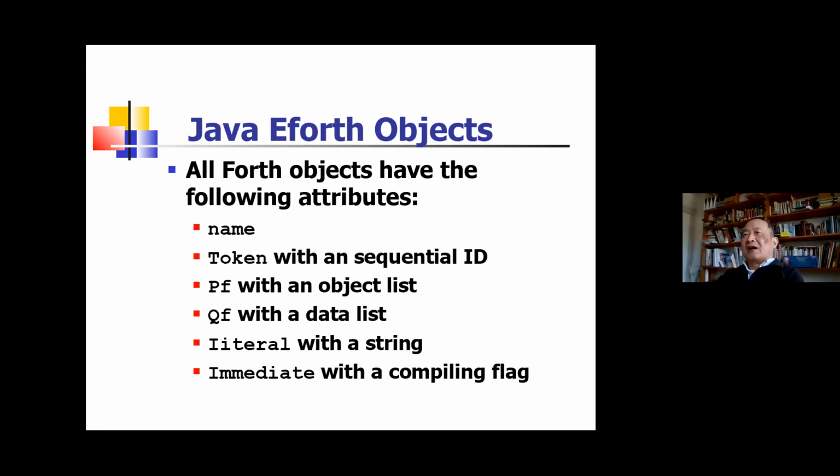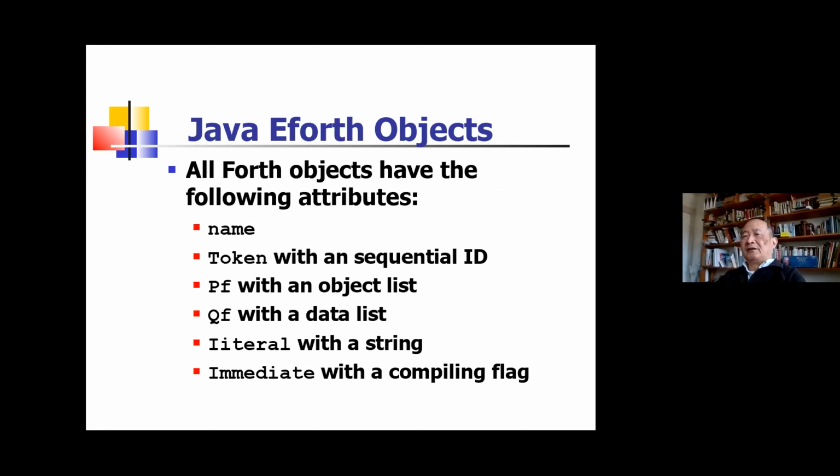So in Java eForth, all Forth objects have the following attributes. It has a name, and it has a token, which is a sequential ID. The PF used to be the parameter field, and it contains an object list.